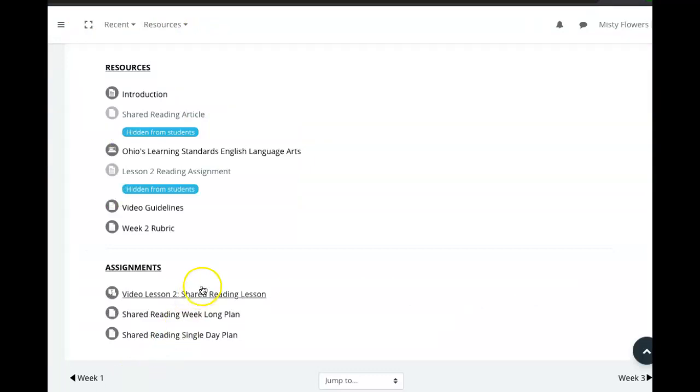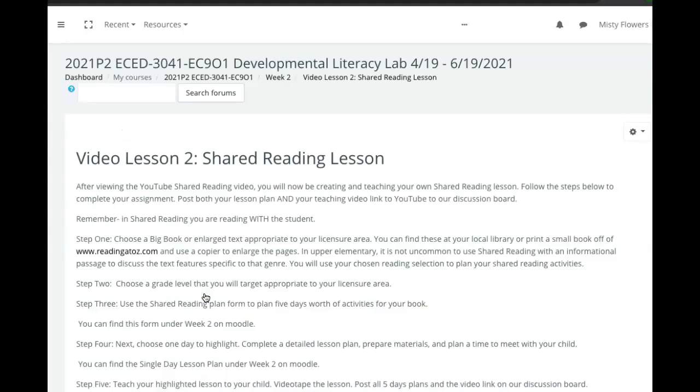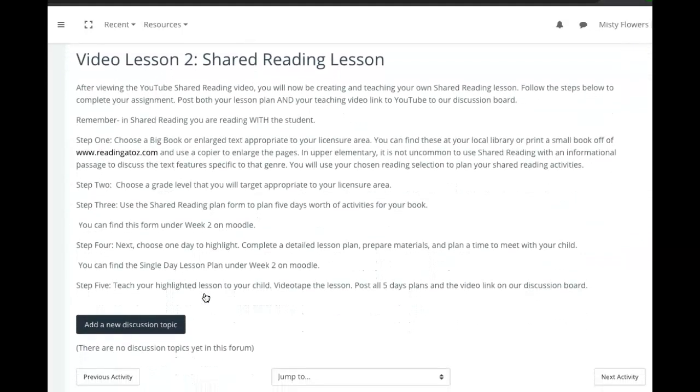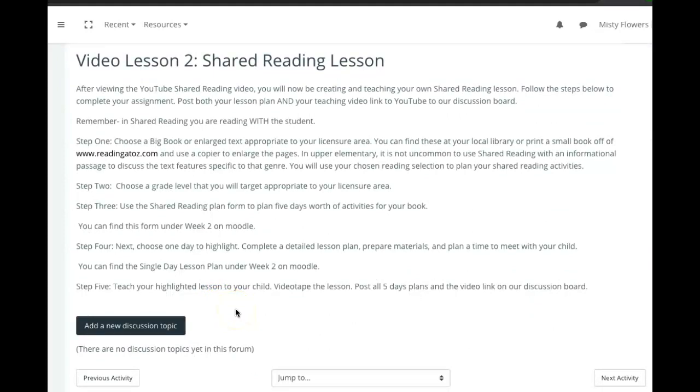I want to talk now about your assignment for this week. This week, you are going to record a shared reading lesson. Remember that you are reading with the student in shared reading.